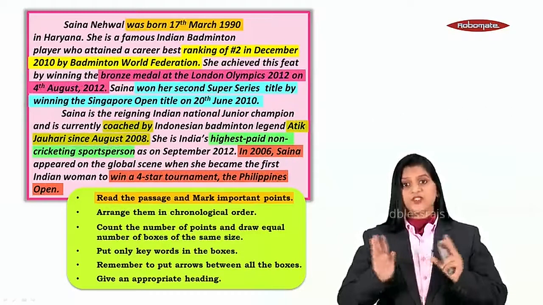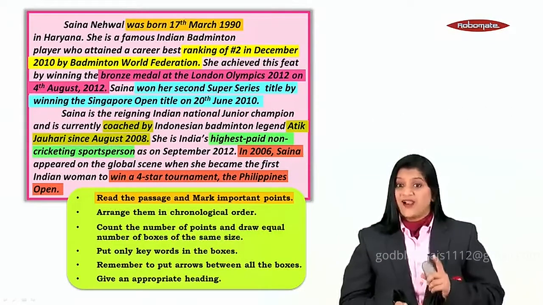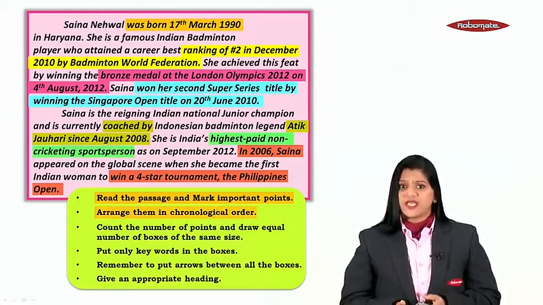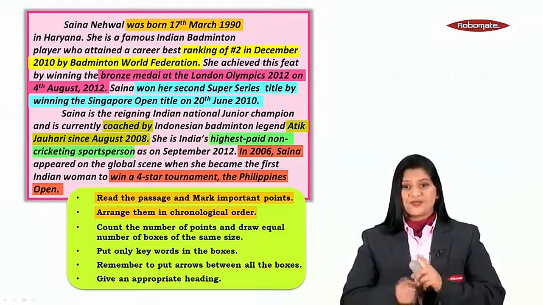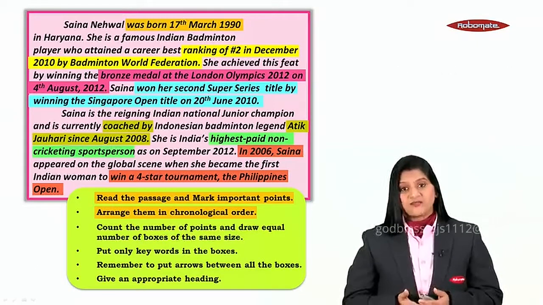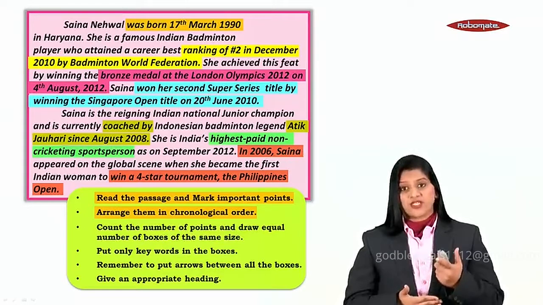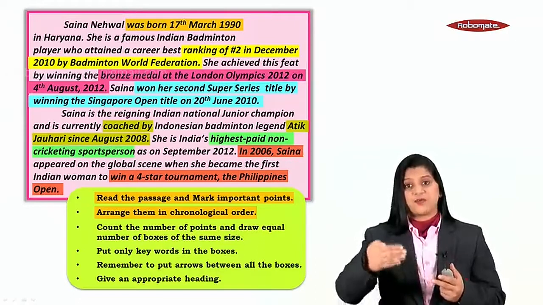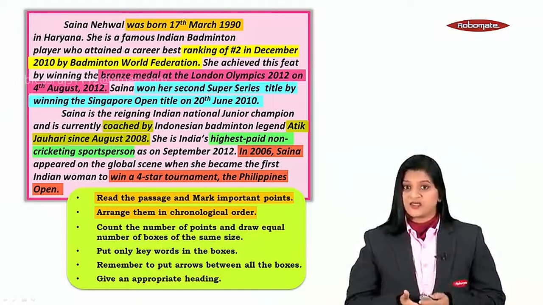Now, once you have marked all your points, arrange them in a chronological order. Now, what do you mean by that? First of all, the points are not going to be arranged in a proper order. That means the first point that should come should be the earliest information or the first step of whatever is being discussed in the paragraph.